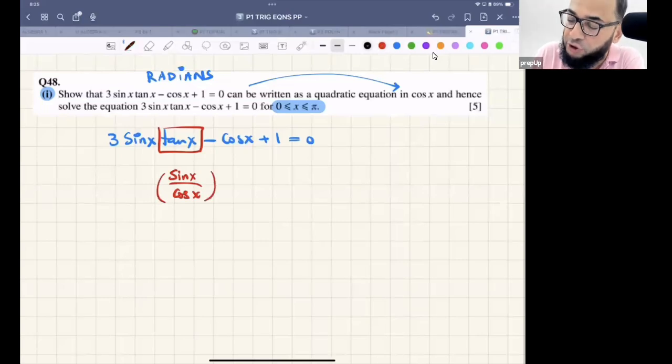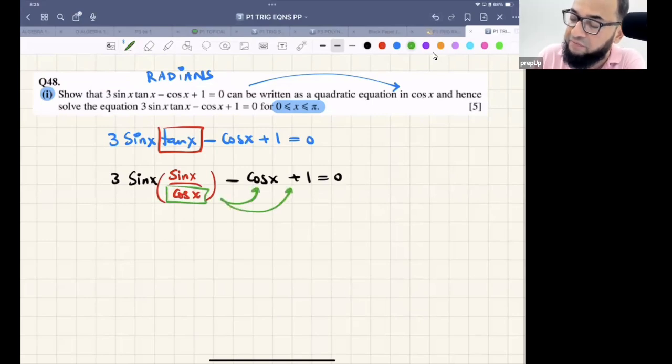And let's continue the journey. 3 sine x over cosine x minus cosine x plus 1 equals 0. Now let's take this cosine x and multiply it out, so this will multiply with this and with this.